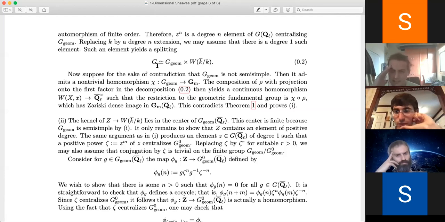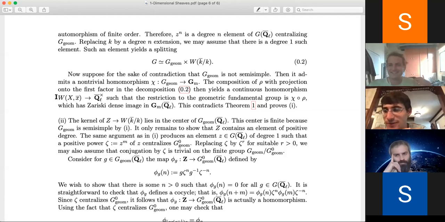Why is that the same thing? Like being not semi-simple and having a map to GM? Well, I guess it depends what your definition of semi-simple is. Okay, I know it is that it has no normal connected solvable subgroup.